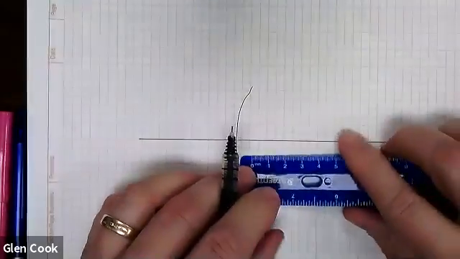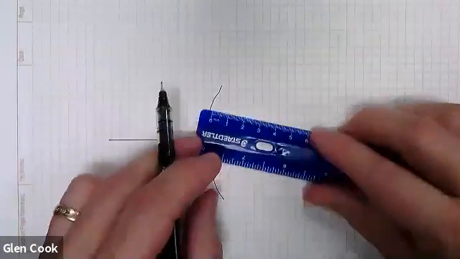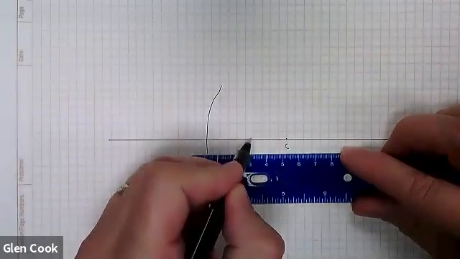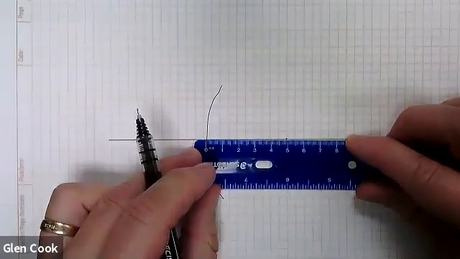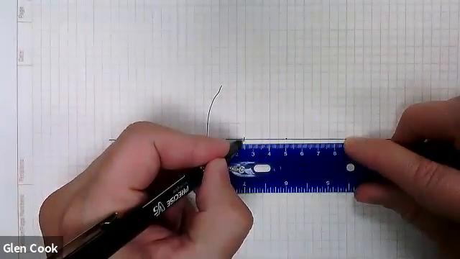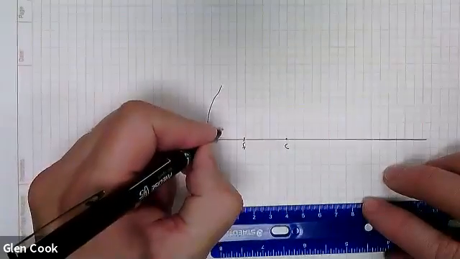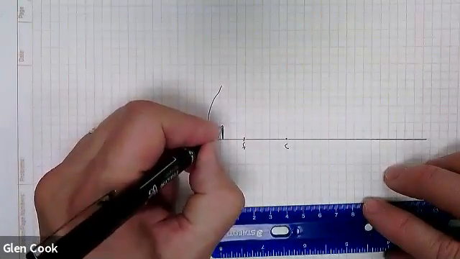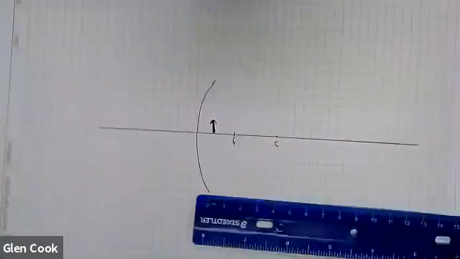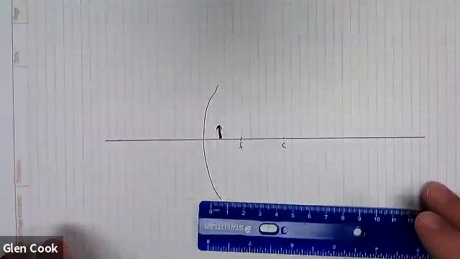All right, and the radius of that is going to be about here. Call that C. Okay. Call this F. So if my object is in here, using the same 3 lines, where's the image going to be?